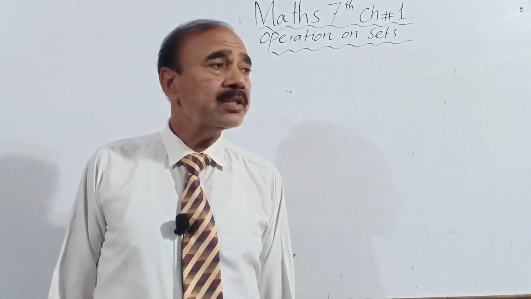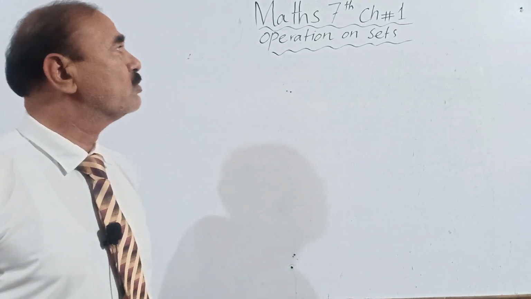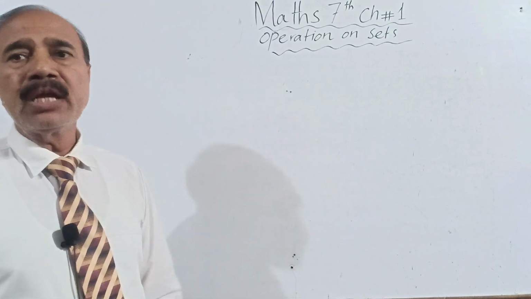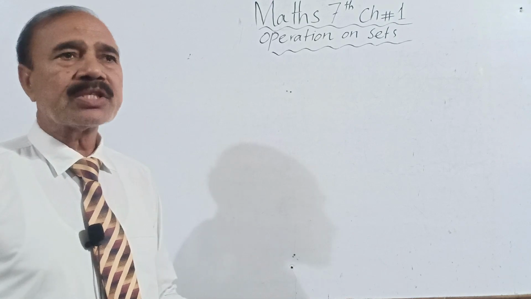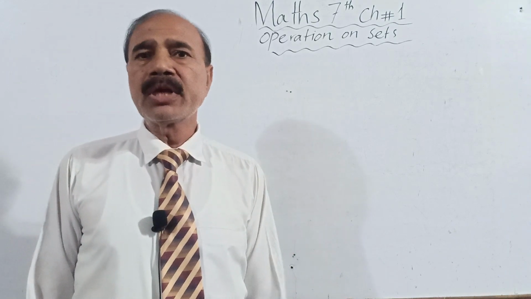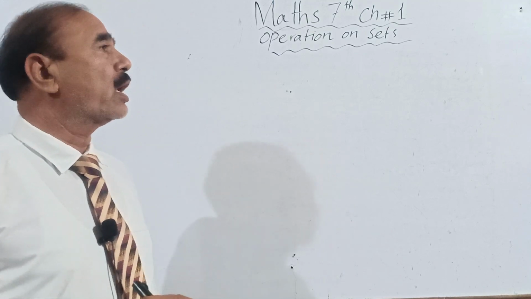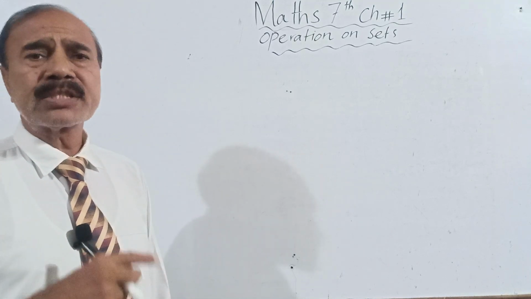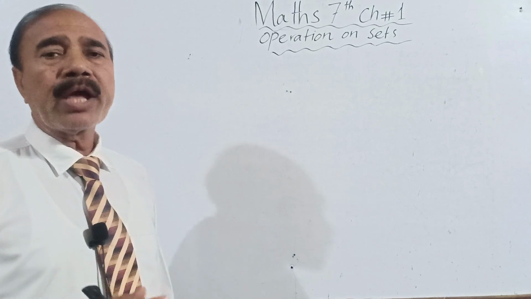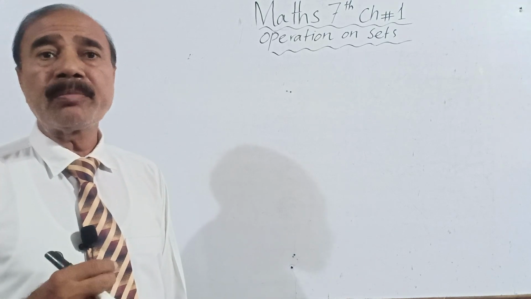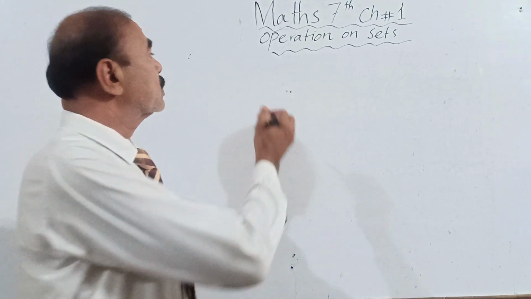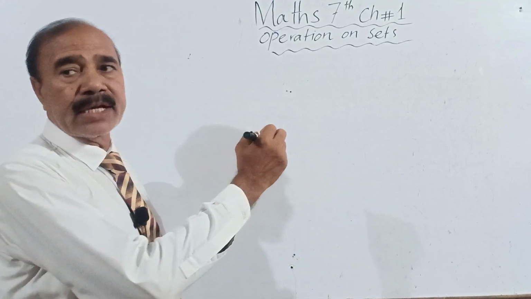Got it, students. Already we have to finish our chapter number 1, but some definitions we have also described. I will give some definitions in mathematical terms. How can we write a definition of mathematical terms? So, here is the union of two sets.